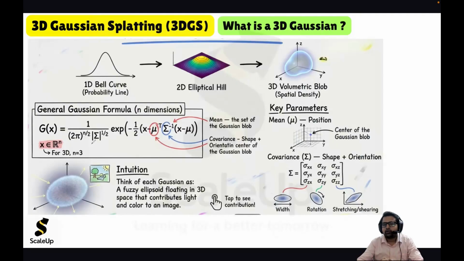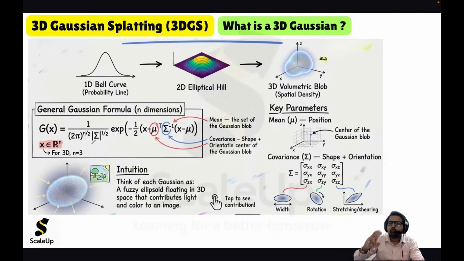For that also, we will make use of a mathematical function, and this is the mathematical function for that. In order to represent a scene using 3D Gaussians, we have to make use of millions of 3D Gaussians, wherein every 3D Gaussian will be defined by this probability density function, which will govern the density of the points across the 3D Gaussian, and it will depend on the center of the 3D Gaussian and the covariance.